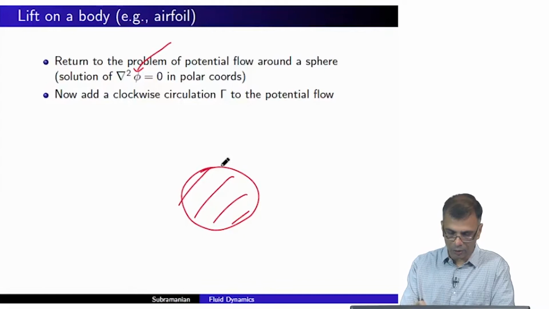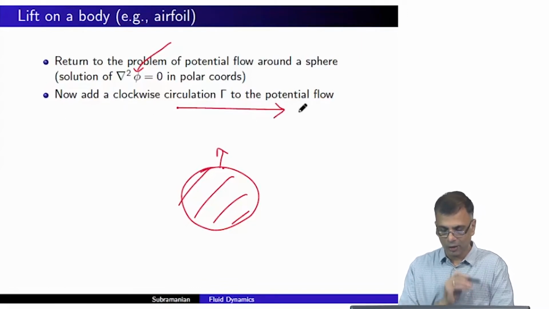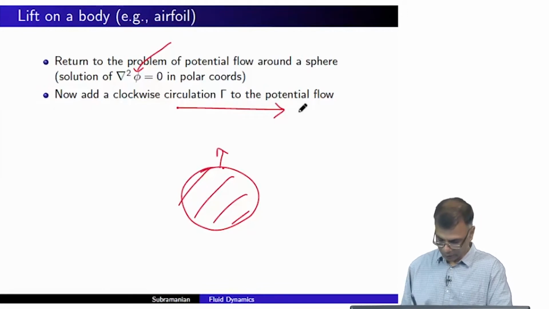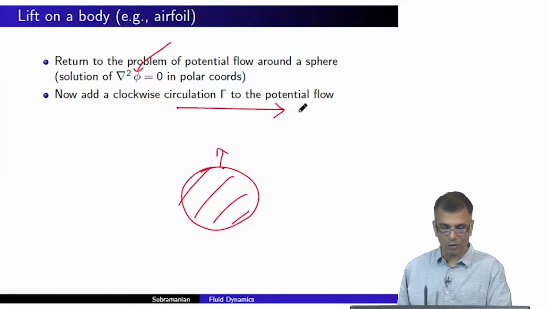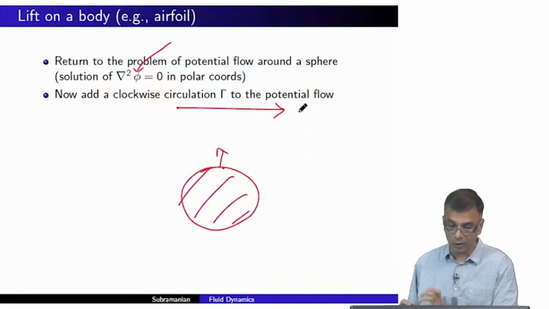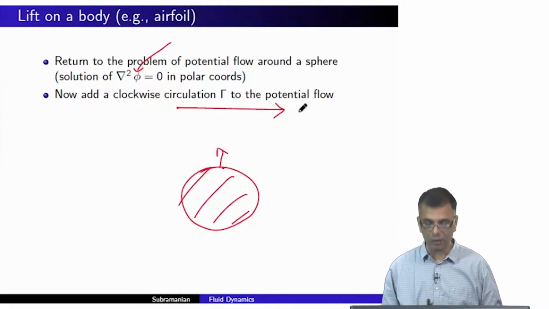The two boundary conditions we had applied were that the normal velocity was 0 and the velocity at infinity was equal to the undisturbed velocity, which is like this. So we had applied that to the general solution of del square phi equals 0 in polar coordinates, and we had obtained the solution.